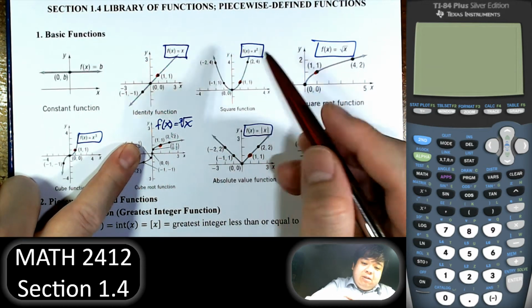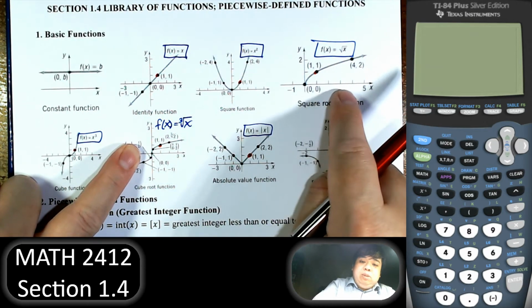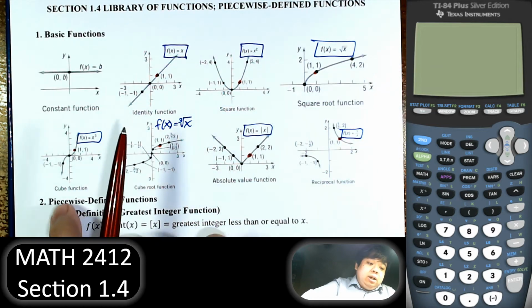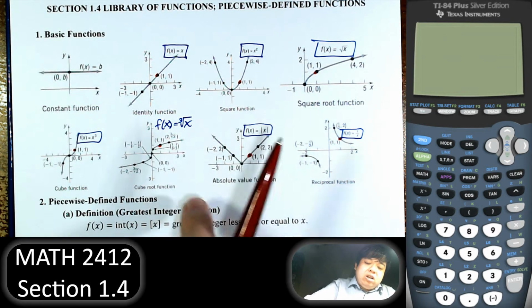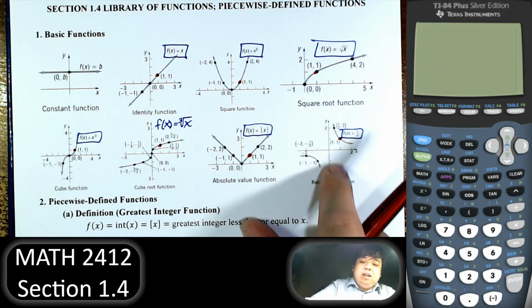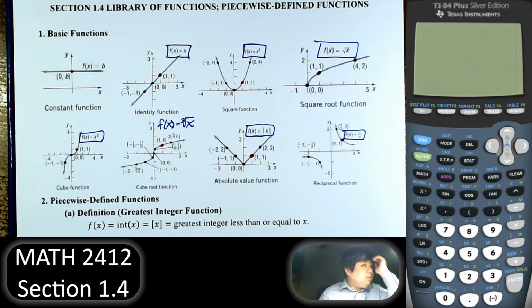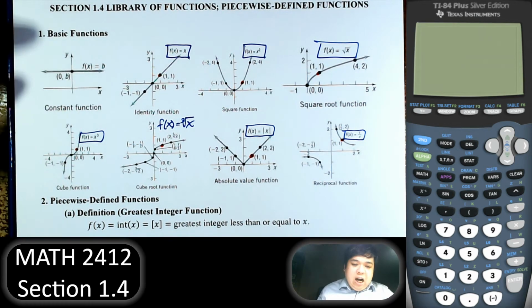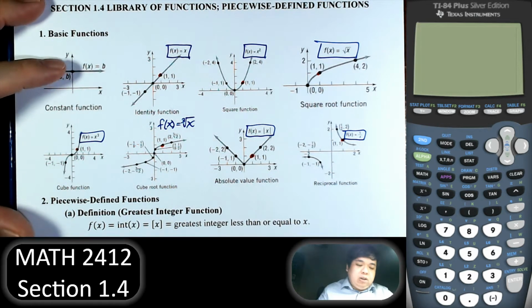This one has no symmetry, so it's neither. That one is odd, that one's odd, that one's even, and this one's odd. So just get familiar with these functions.